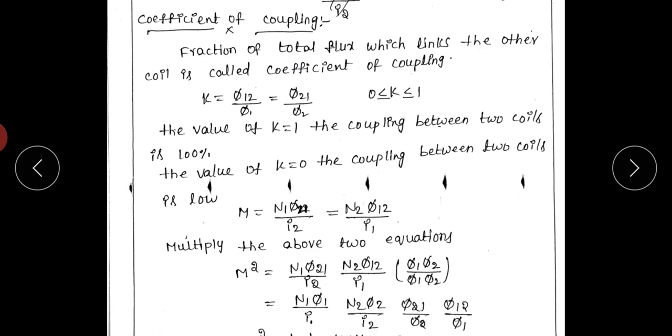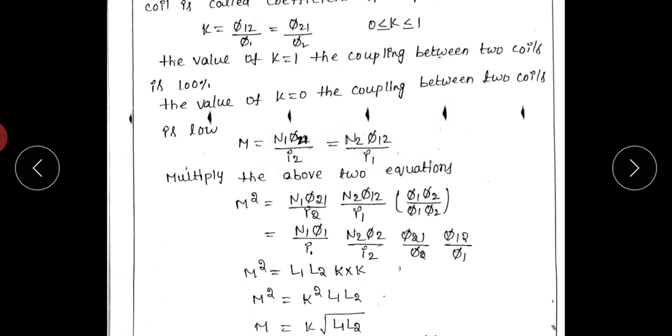So M equals N1 phi21 by I2, or N2 phi12 by I1. These are the two mutual inductance formulas. By multiplying the above two equations, M square equals N1 phi21 by I2 times N2 phi12 by I1. Multiply and divide with phi1 and phi2, so phi1 by phi1 into phi2 by phi2.